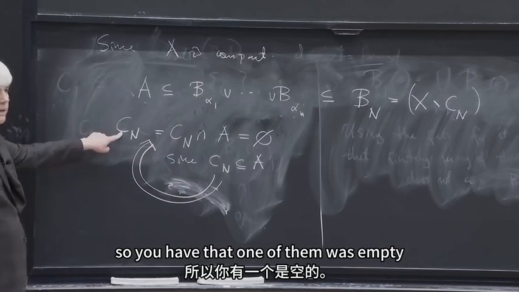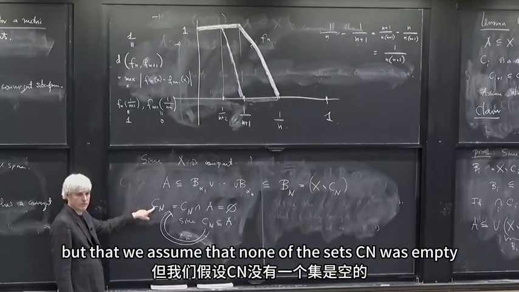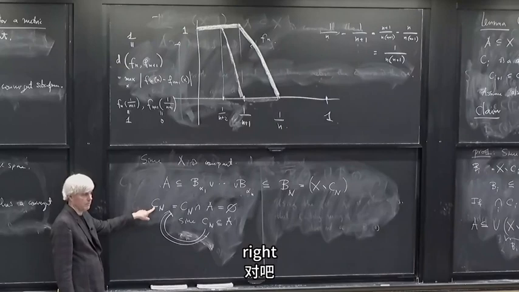So you have that one of them was empty, but we assumed that none of the sets Cn was empty.